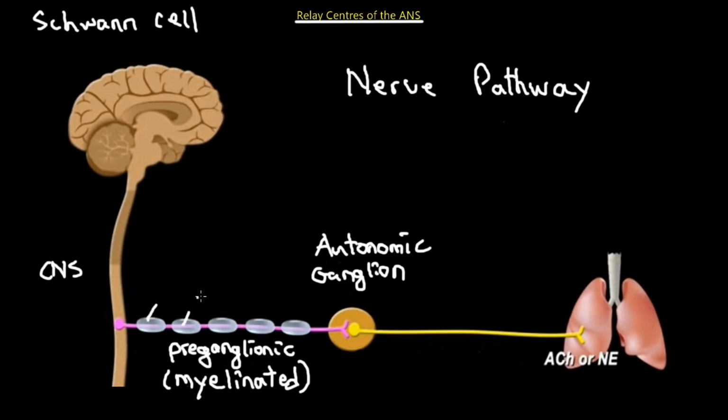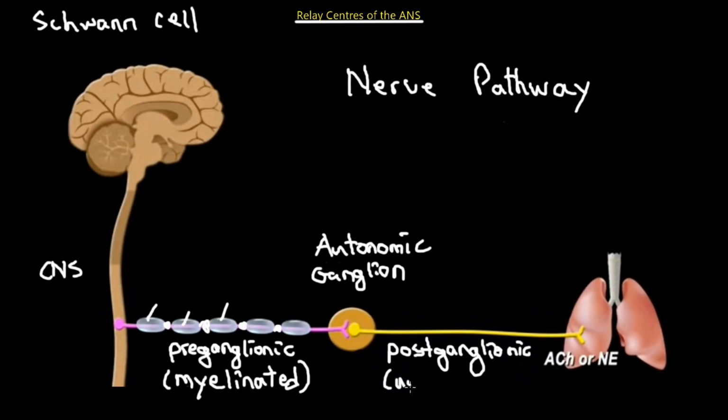As you can see here, Schwann cell, Schwann cell, Schwann cell, and they're going to have nodes of Ranvier going right in between them, so the signal can just jump from one to the other and transmit much faster.